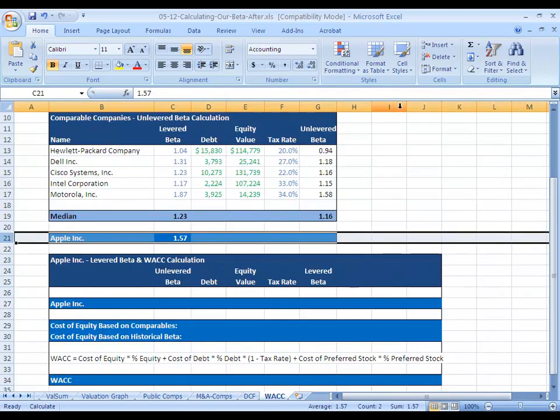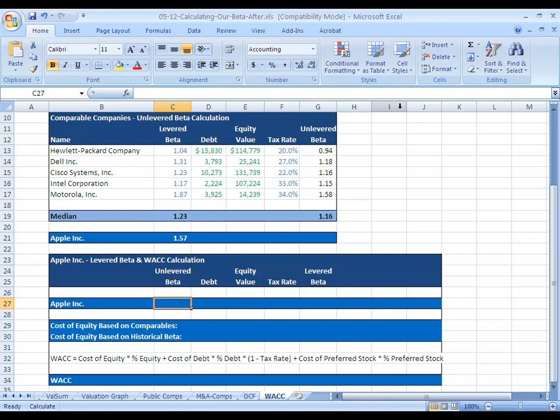And the reason is because often market data, even though it's real actual data, is not 100% accurate, and we like to come up with our own estimate of the company's value. And we go into this calculation for levered beta for Apple, our own calculation, for a similar reason. We do have this market data, but we don't always want to go with it. We also want to look at an alternative calculation and see what Apple's true risk might actually be.